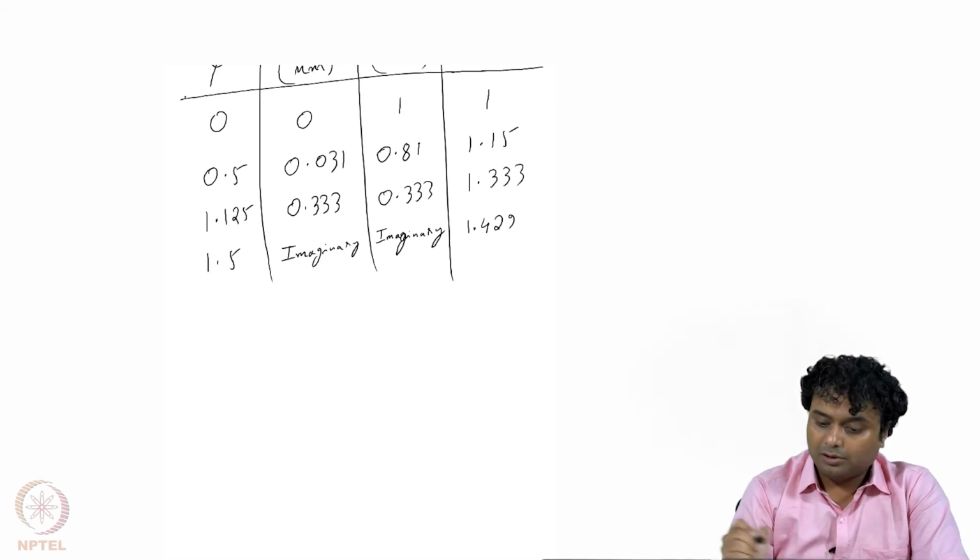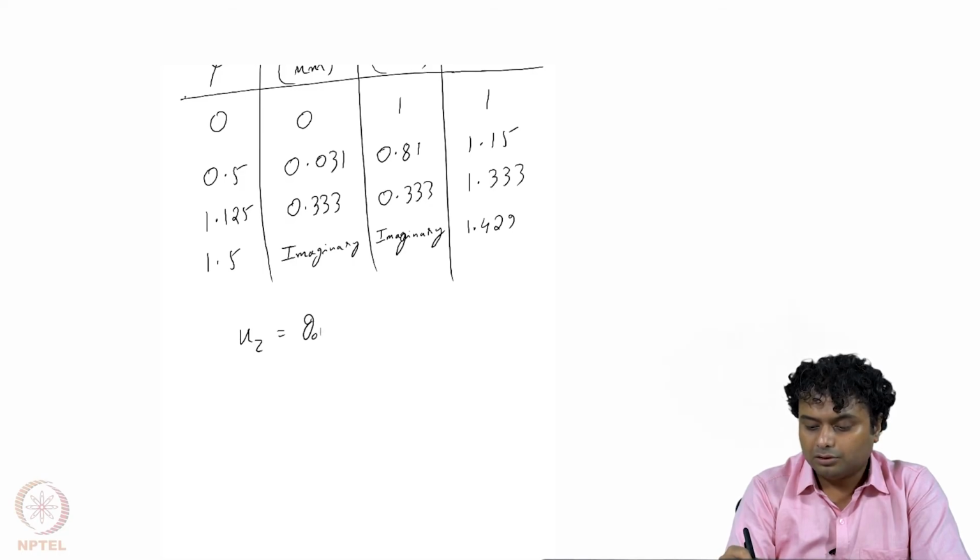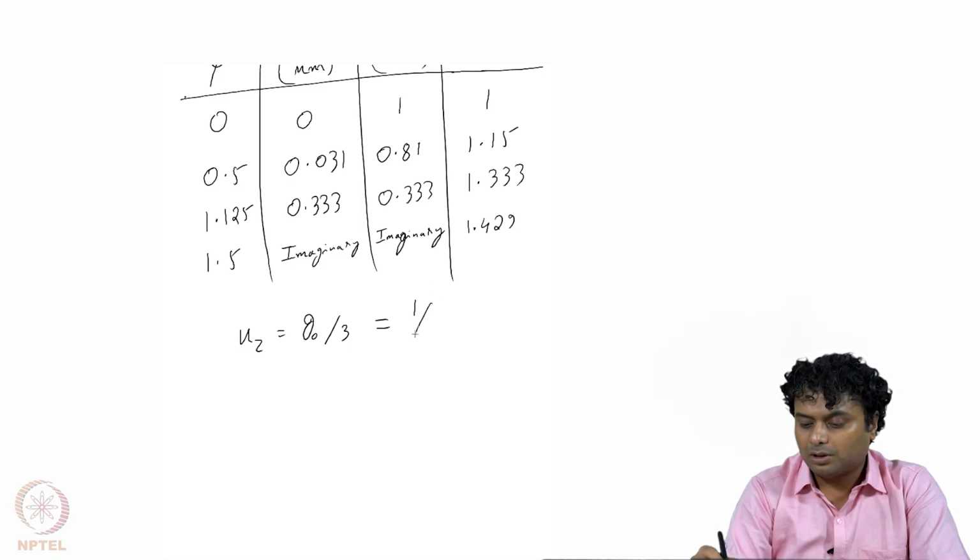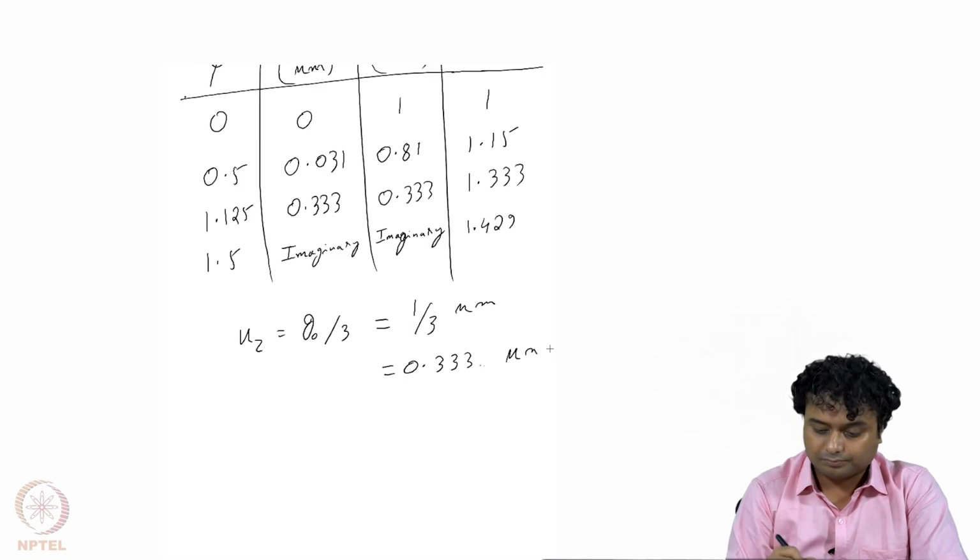And then if we write here, at pull-in condition uz is equal to g0 by 3, or equal to 1 by 3 micron. This is 0.333 micron, right.